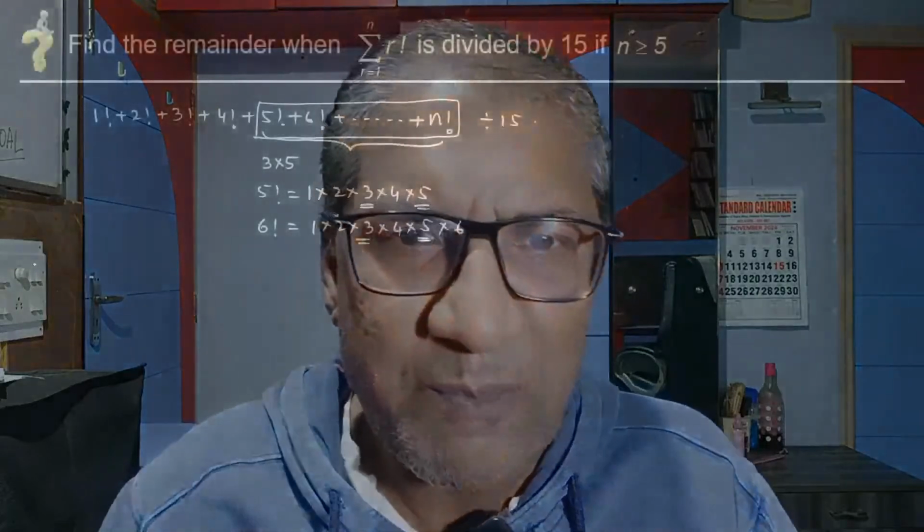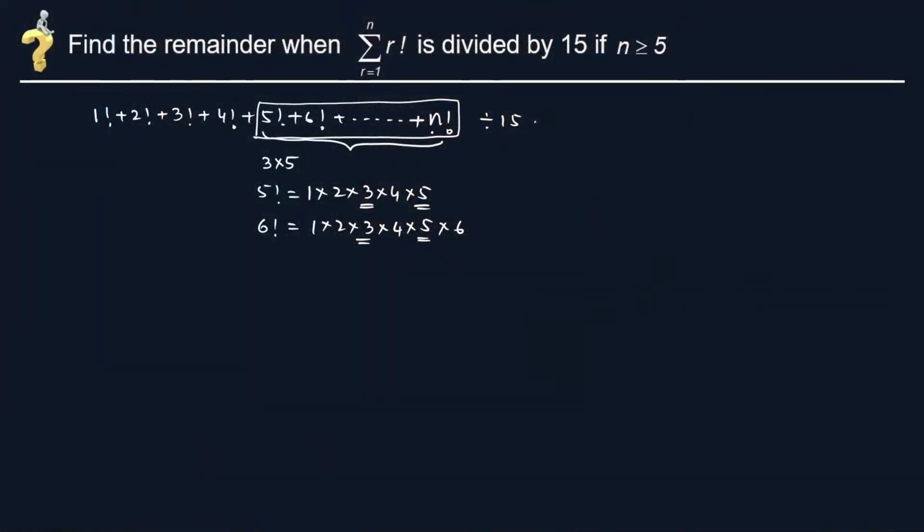So from 5 till n your remainder is 0. So actual remainder will come when these 4 terms are divided by 15. Whatever remainder we get from these 4 terms when we divide by 15 is the remainder of the given expression. Is it clear to all of you?